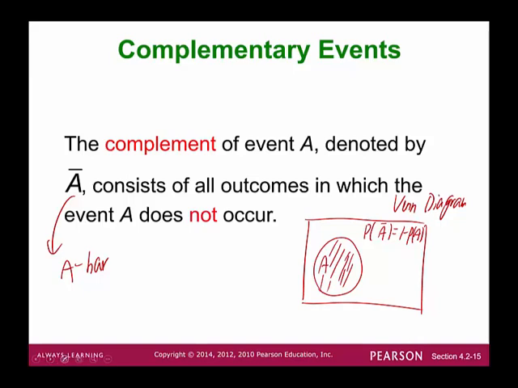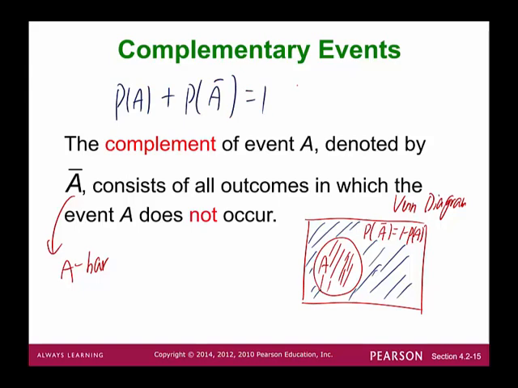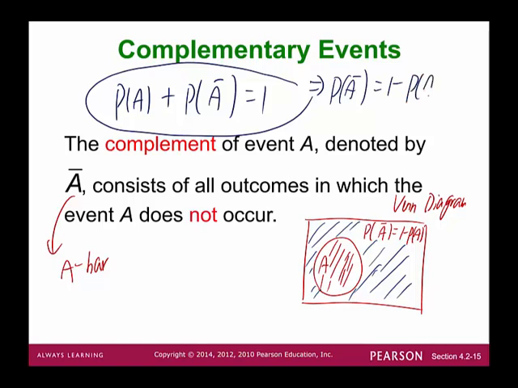A bar should be everything else. Okay, that's the concept of event A and the complement event A bar. The important thing is that the probability of event A plus the probability of complement event A bar equals 1. This is the most important principle about the complement event. You can also rewrite it as the probability of the complement equals 1 minus the probability of A.